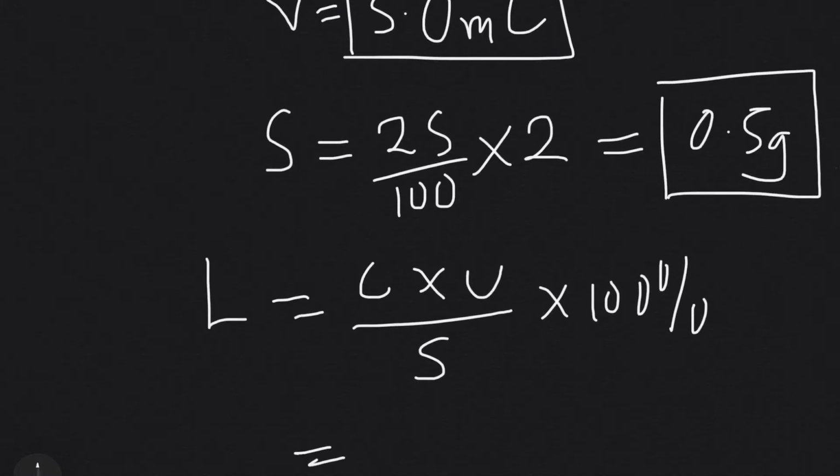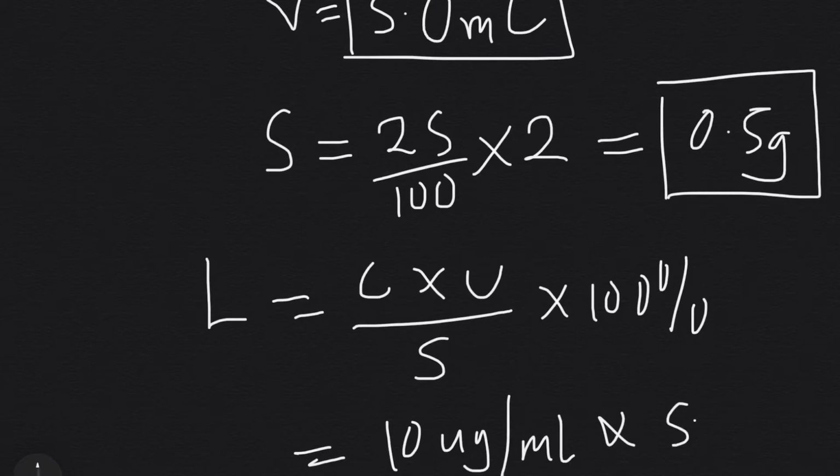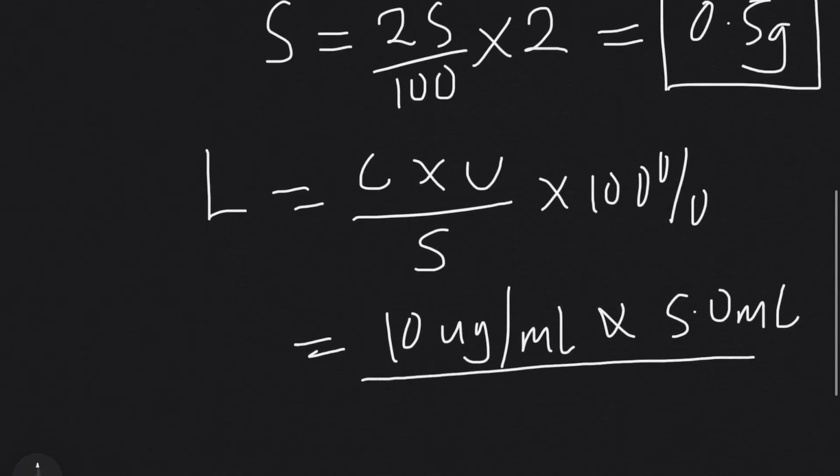So we have our concentration, which is 10 micrograms per millimeter, multiplied by the volume, which is 5.0 millimeters, divided by the amount of drug being tested, which is 0.5 gram. The result is multiplied by 100%.